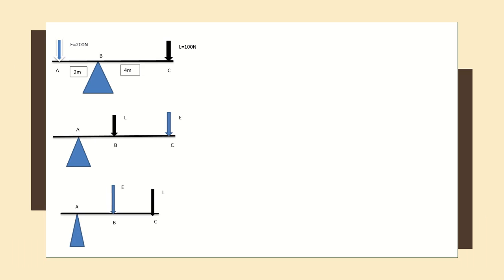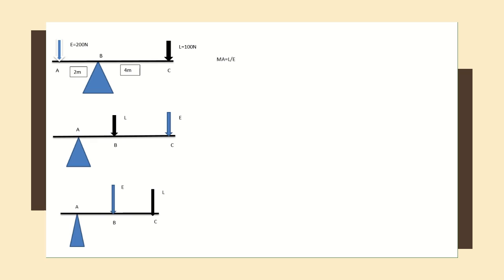Okay, how do we now calculate the mechanical advantage and the velocity ratio of levers? Now we said we have three types of levers. We have first class levers, second class levers, and third class levers. So there is a formula. Mechanical advantage, from the previous lecture, is equal to the load divided by the effort.